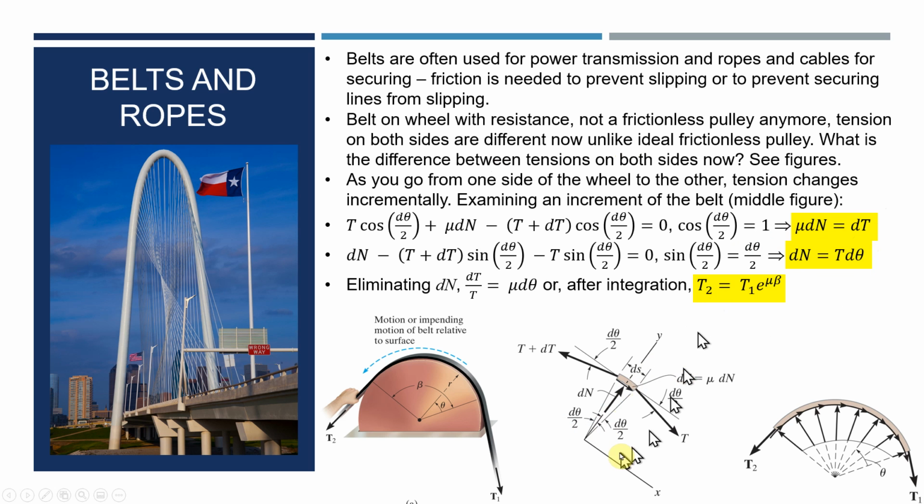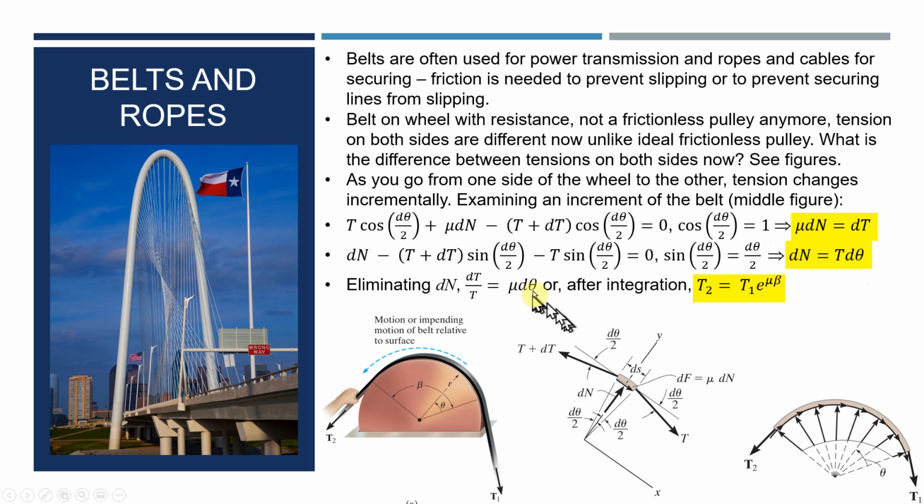Now, in the other direction, the y direction, here we have dN, that's the force acting on this element of a belt, minus T plus dT sine d theta over 2, minus T sine d theta over 2 equals 0. You can take the sine equals the angle over 2, and you get dN equals T d theta.